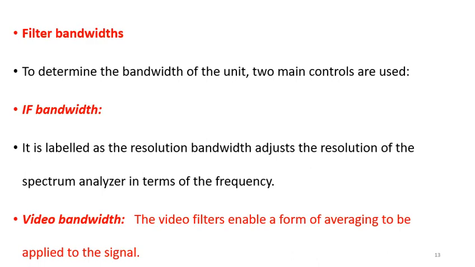The second way we can adjust the filter bandwidth, apart from the IF bandwidth, is the video bandwidth. The spectrum analyzer is always displaying an image, a graphic representation of the data on the screen.